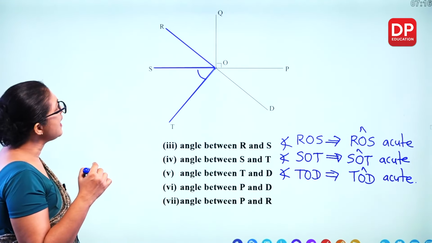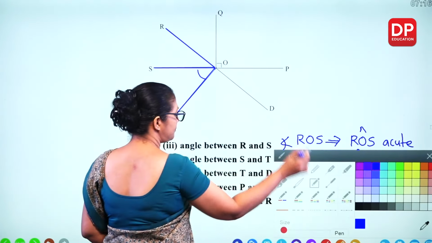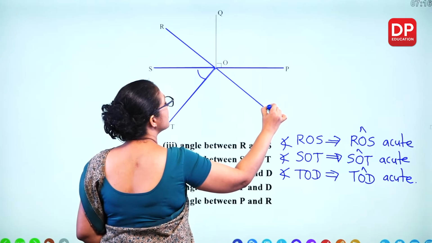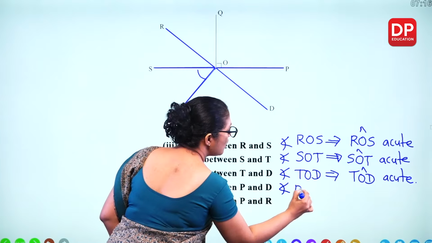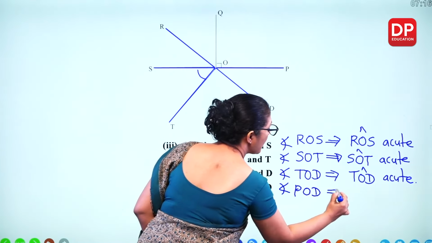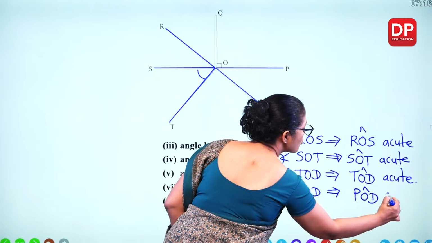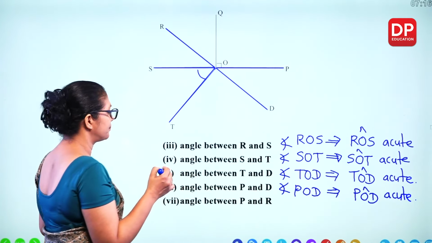Angle between P and D, that's a small angle here. This one and this one, POD. Angle POD, or I can write POD with a hat. That's also a small angle, acute, less than a right angle.